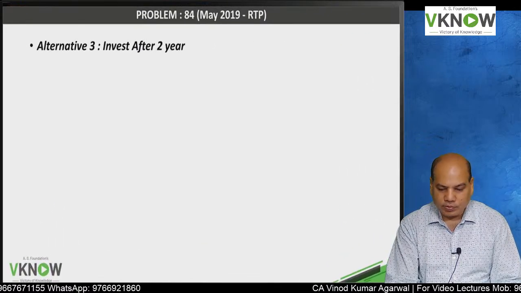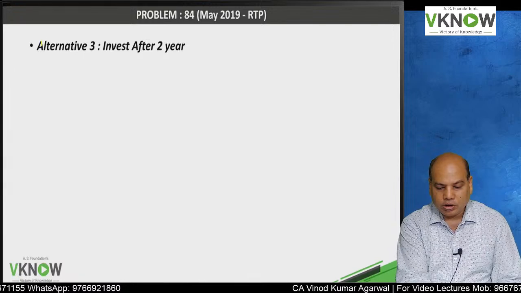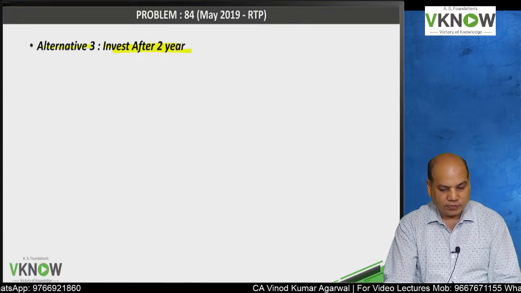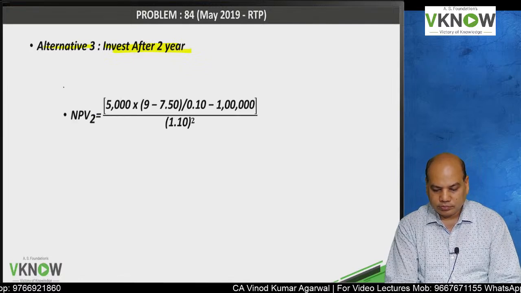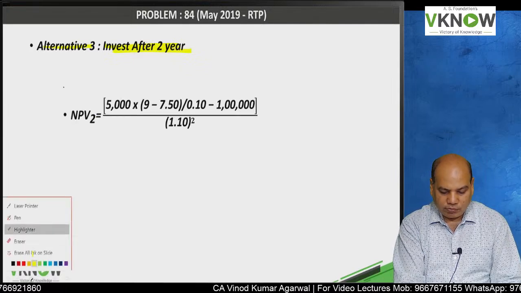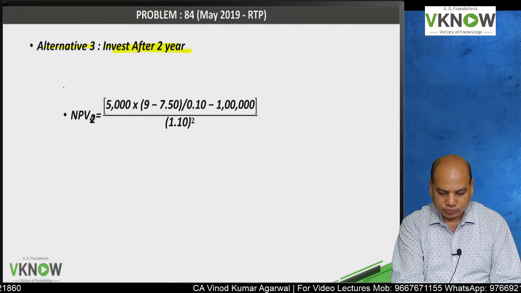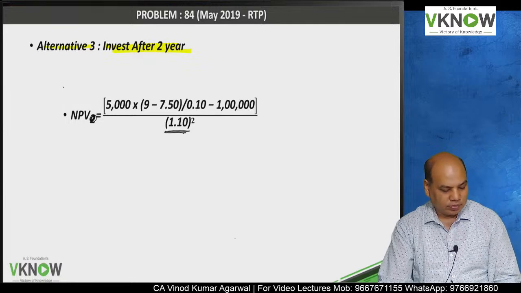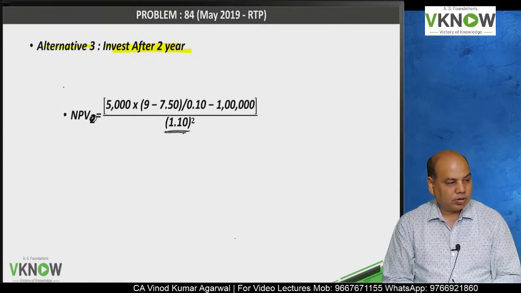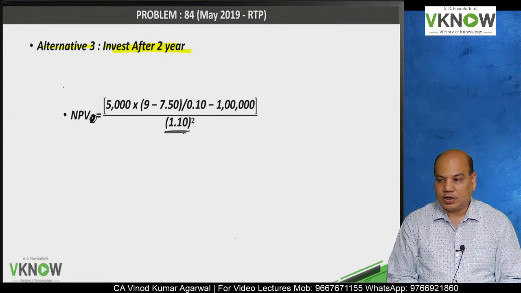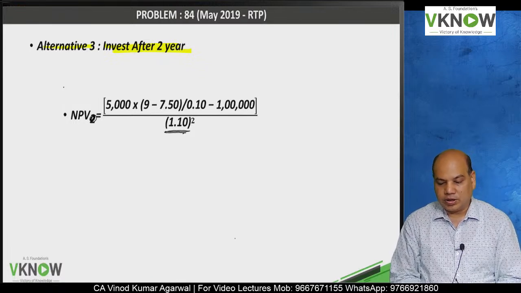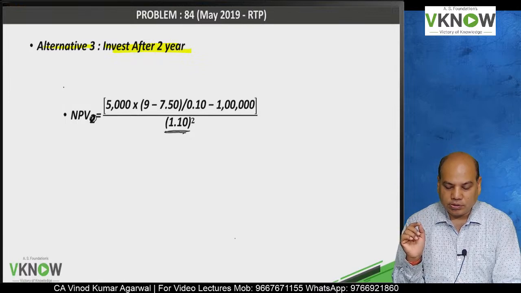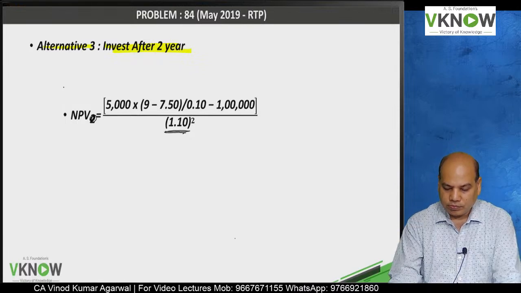345, 454. Now write down alternative 3, invest after 2 years. Same formula, but my NPV would be calculated by discounting by 2 year factor here. Question in front of you. Quantity to be sold 5,000 into bracket selling price 9, variable cost 7.50, bracket close.